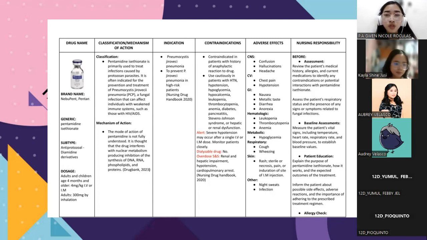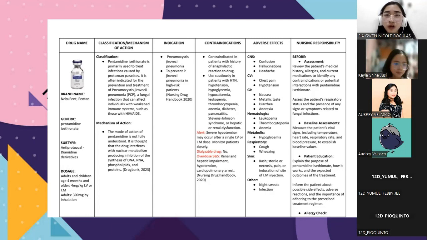Then anemia, so it is a condition that develops when your blood produces a lower than normal amount of healthy red blood cells. For metabolic, hypoglycemia. So this occurs when the level of glucose in your blood drops below what is healthy for you. So for many people with diabetes, this means a blood glucose reading lower than 70 milligrams per deciliter.